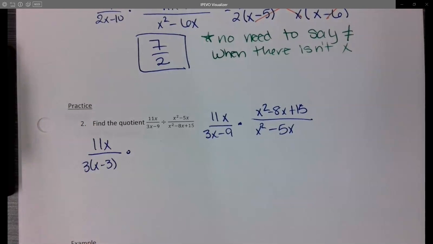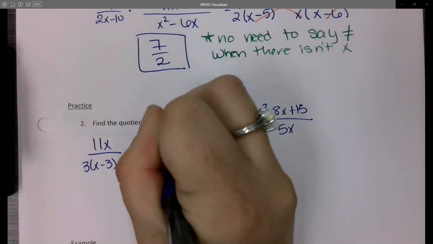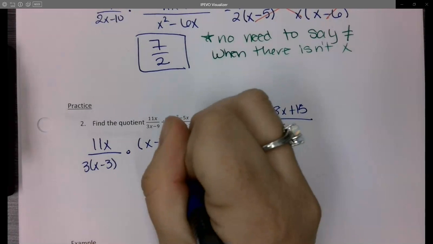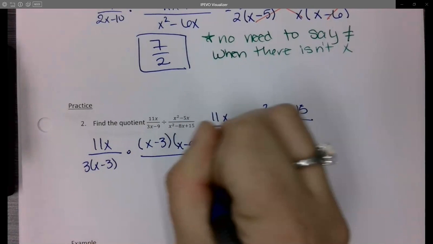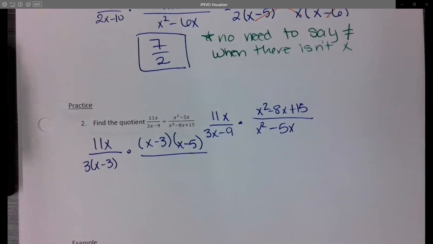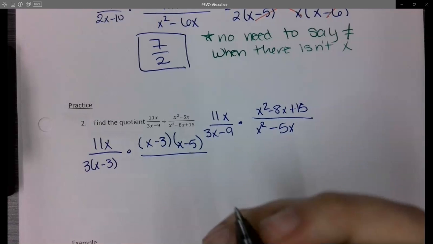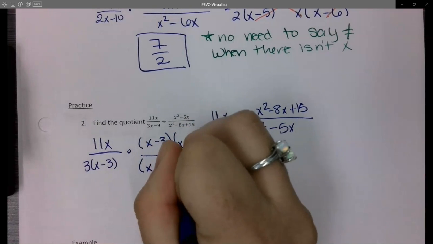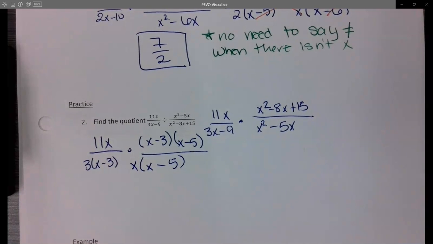Okay. So then what's the factors of my numerator? And then my denominator? Oops, I forgot to write the x out front.